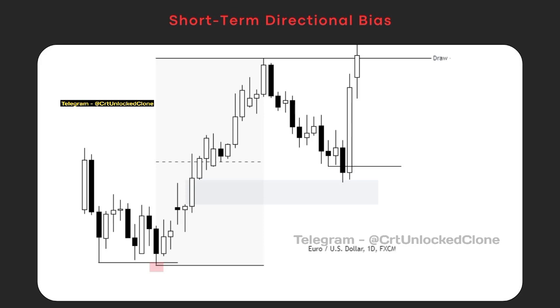But since you knew about this concept, your decision making process would have been much more informed, mechanical, and objective, and your priority would have been to first look for shorts and then longs, right? This is the power of the types of drawn liquidity, right? And I'm sure by now you have understood the concept.